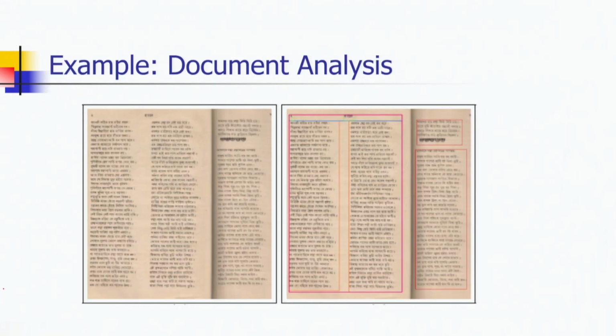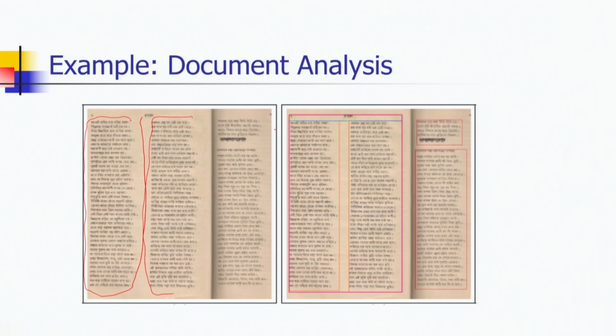Document analysis could be another example where you would like to find out the spatial arrangement. Say this is a scanned document of a page of a book, and whether we can get the arrangements, like say these are the paragraphs, this is a double column, this is the left column, this is the right column, whether we can find them out.